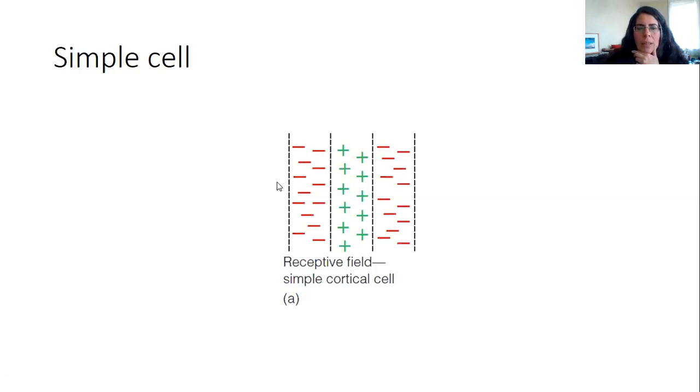If that light bleeds into these inhibitory sections, that firing rate will slow. Now, again, you'll have a column of cells that are going to respond to orientations of light.